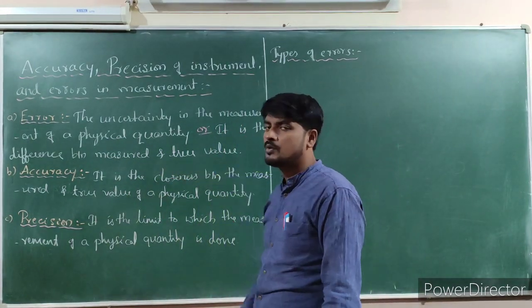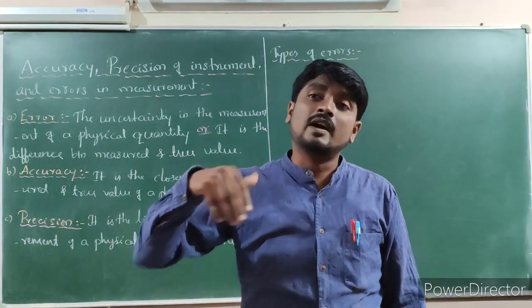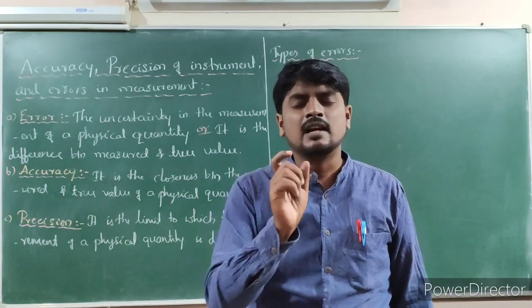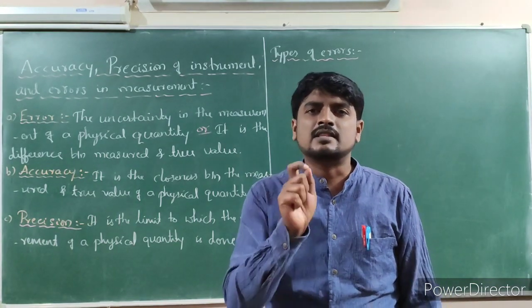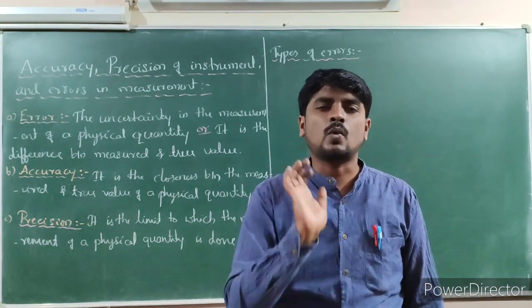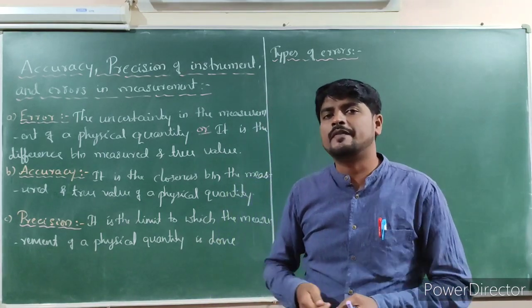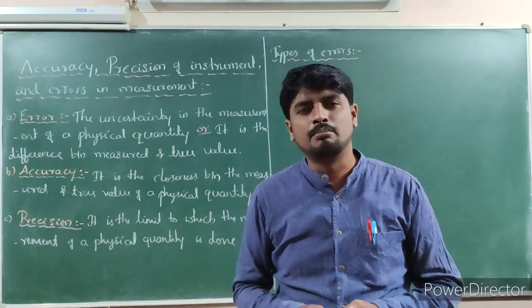One more definition I wrote here: the difference between the measured value and the true value. What is meant by measured value and true value? Somewhere I know that the standard value, say, of the acceleration due to gravity of Earth is 9.8 meter per second square. That we know. Suppose I calculate the acceleration due to gravity in our laboratory with the help of certain devices, say a simple pendulum.